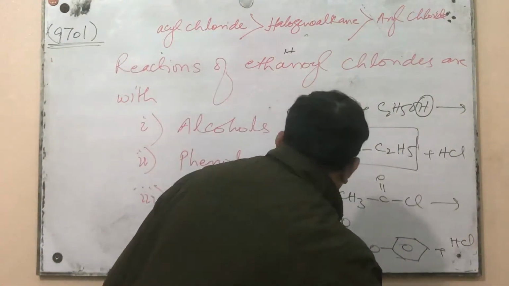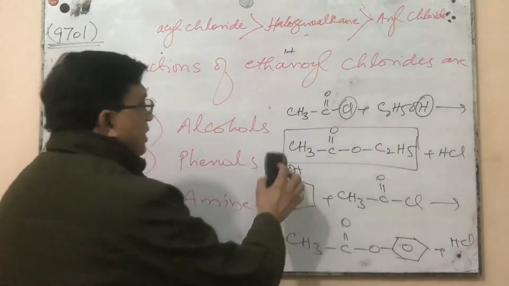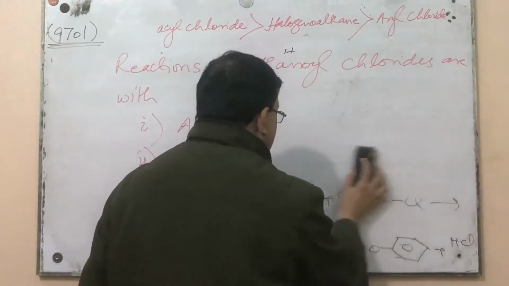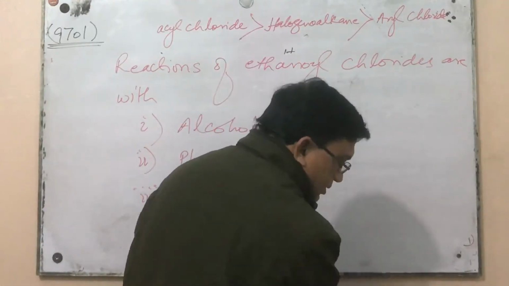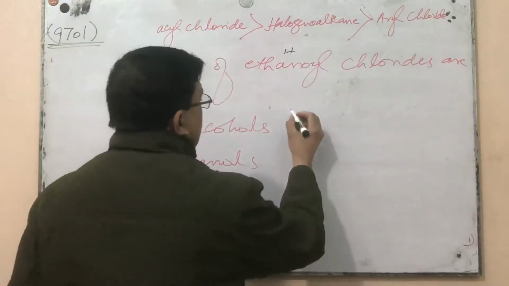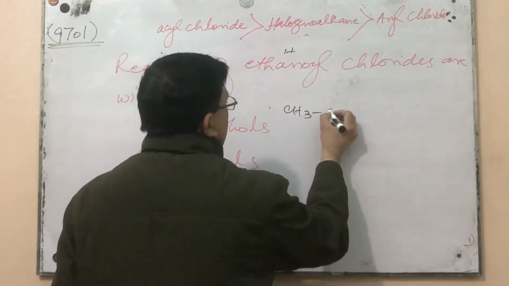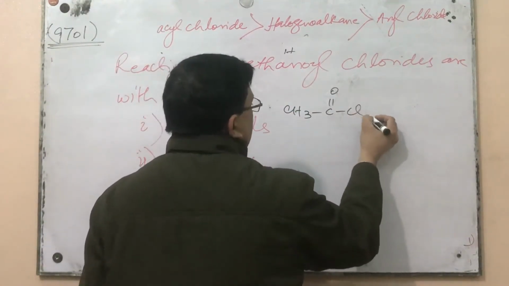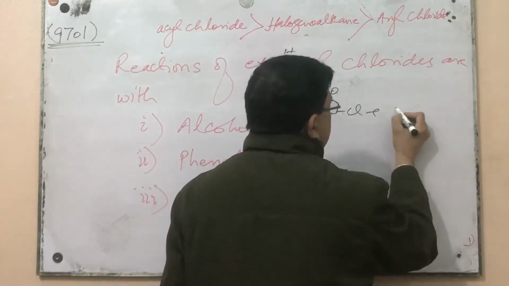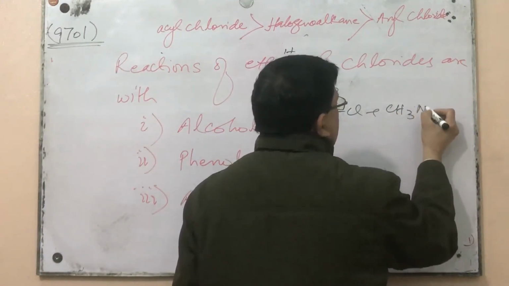Similarly, if we react this ethanoyl chloride with amines, for example, this is ethanoyl chloride plus this is methylamine.